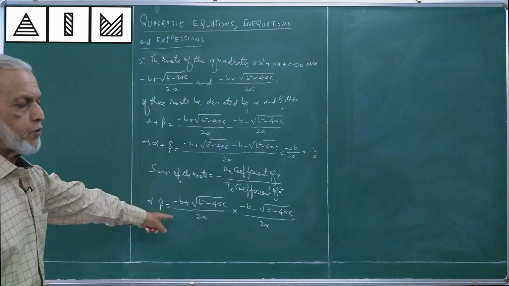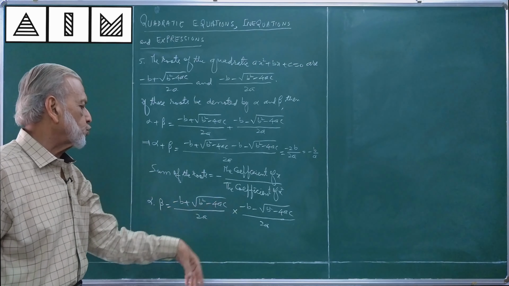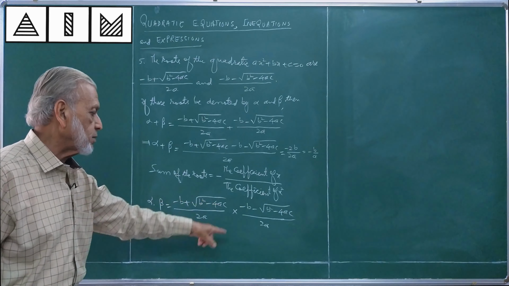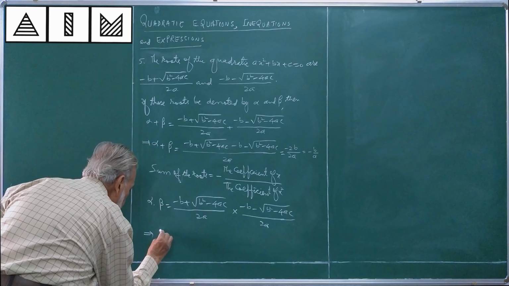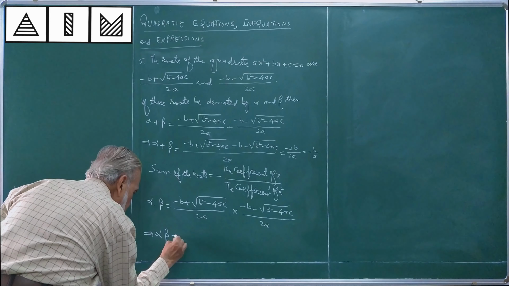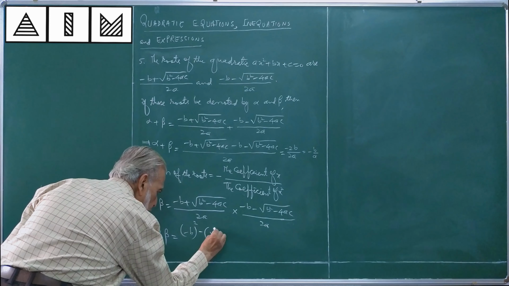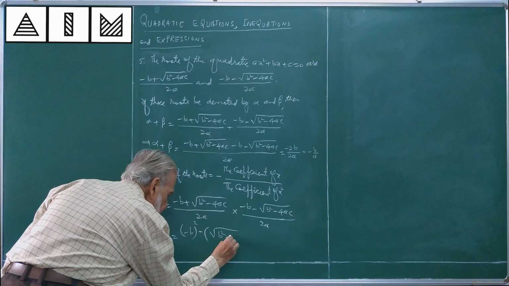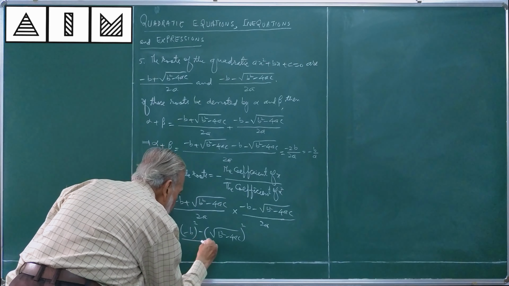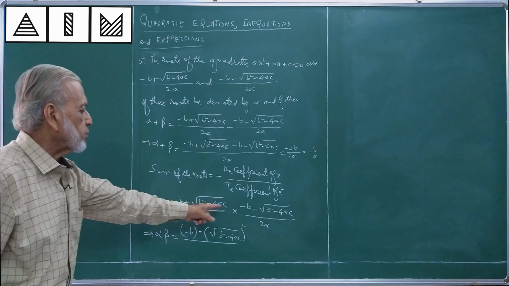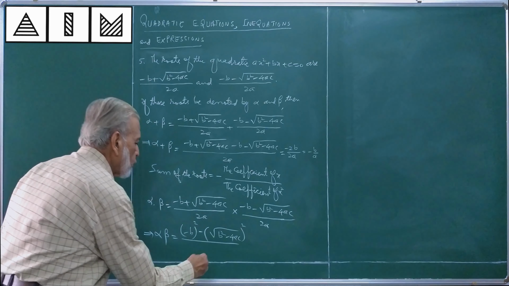This is in the form x plus y into x minus y, that is difference of two squares, minus b plus something, minus b minus something. So this on multiplication gives you alpha beta is equal to x square minus y square. This is a plus b into a minus b, a square minus b square. Denominator 2a into 2a, 4a square.